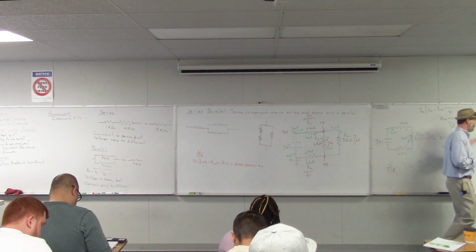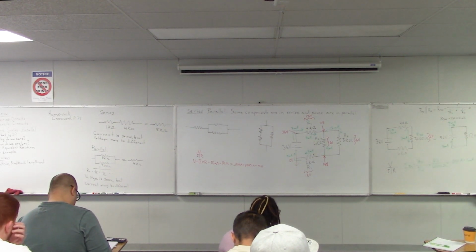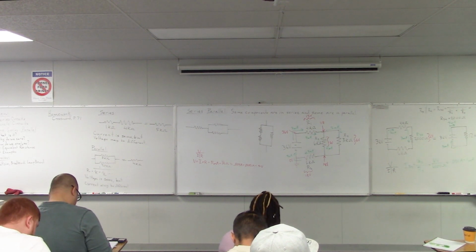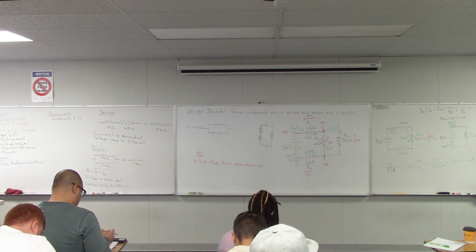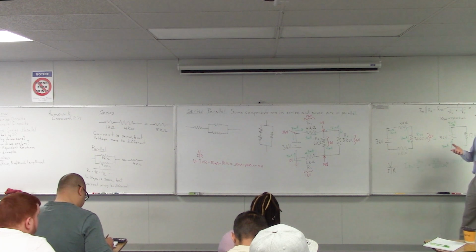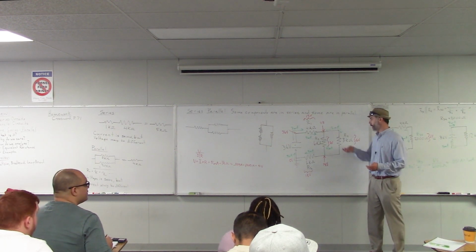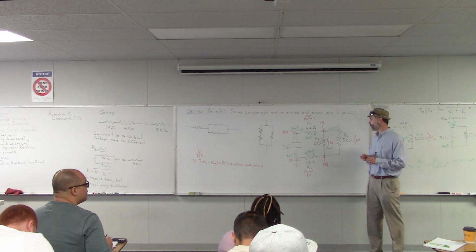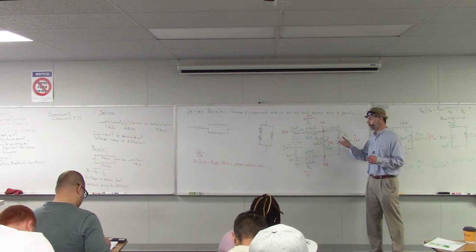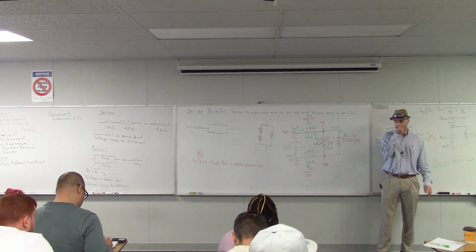Then you can find the total current for the circuit using the total voltage and the equivalent resistance. And then from there, you have to work through it and see what information you have and where you can go with that, how you can build on that.